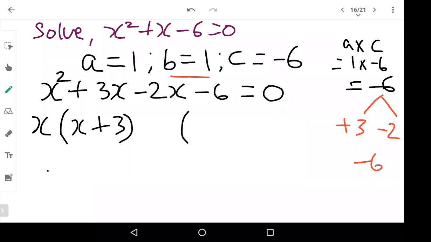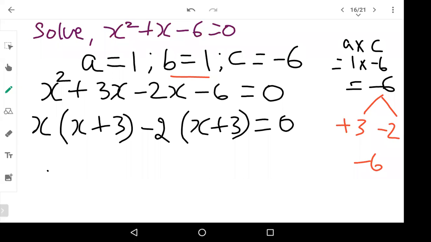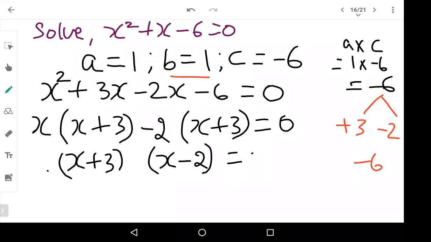So on the other side also I should have x plus 3 remaining. Correct? So here, can I take minus 2 as common? Is equal to 0. Now in the next step, x plus 3 and what is remaining? x minus 2 is equal to 0.